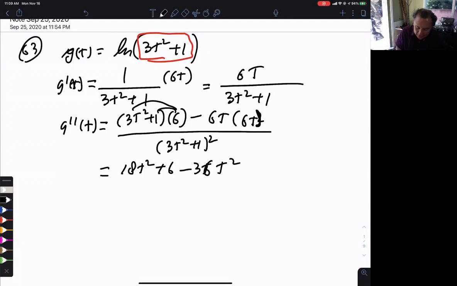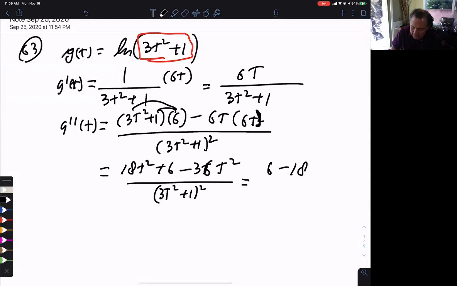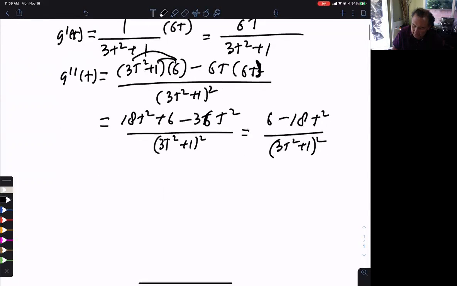And let's combine like terms. The bottom is going to be 3t squared plus 1 squared. So 18 minus 36, that's going to be minus 18t squared. I hope I'm doing that right. So that's my second derivative.